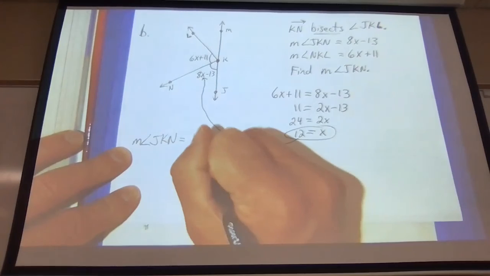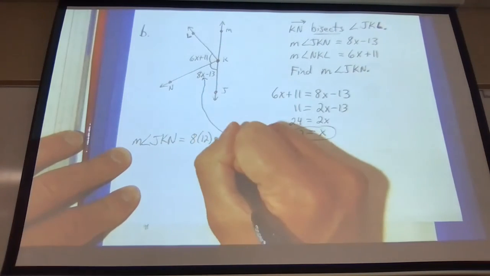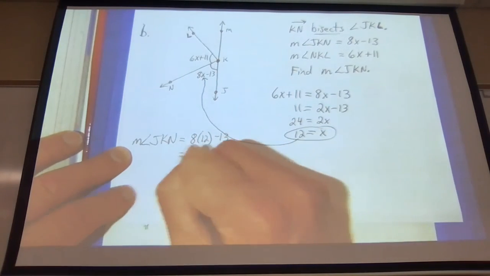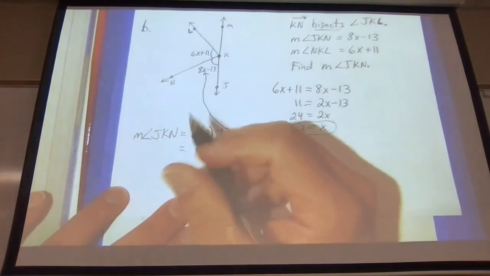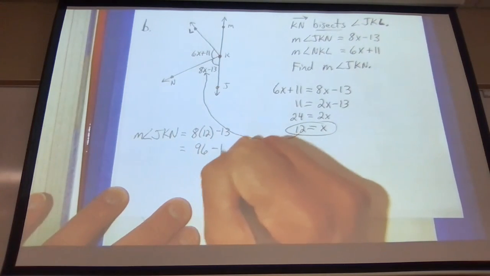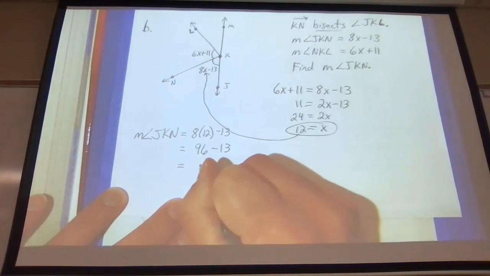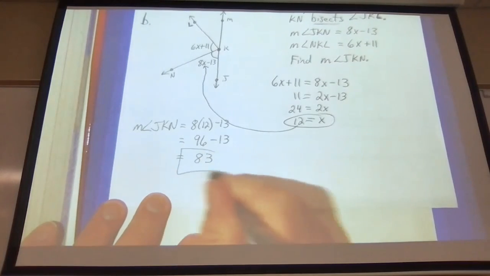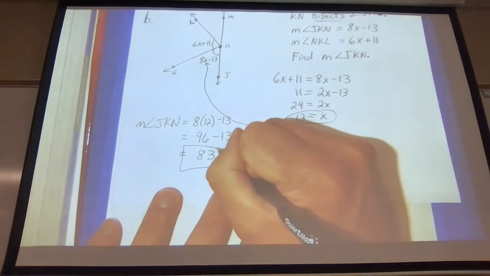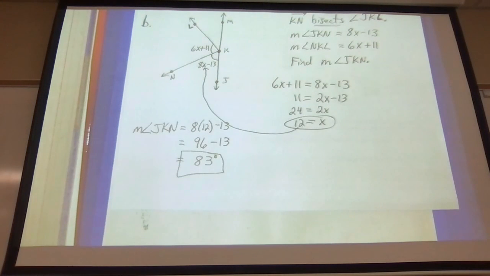It's going to be 8 times x, which we just found to be 12, minus 13. Anybody do it in their head? What's 8 times 12? 96. 96 minus 13 is 83. The measure of angle JKN is going to be 83. If you want to put the degrees on there, you can. If you just write 83, I would understand what that means. That's fine. Either way is good.